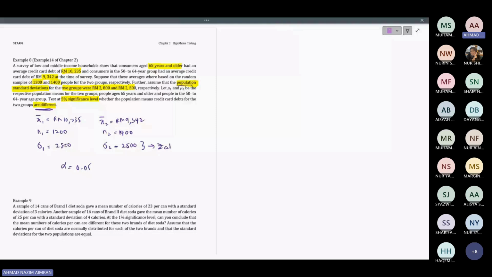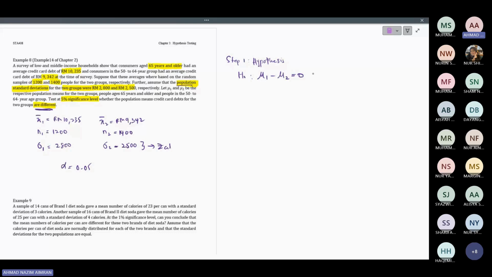So our hypothesis, step one. The H null, since we are currently discussing two population means, is mu1 minus mu2 is equal to 0.